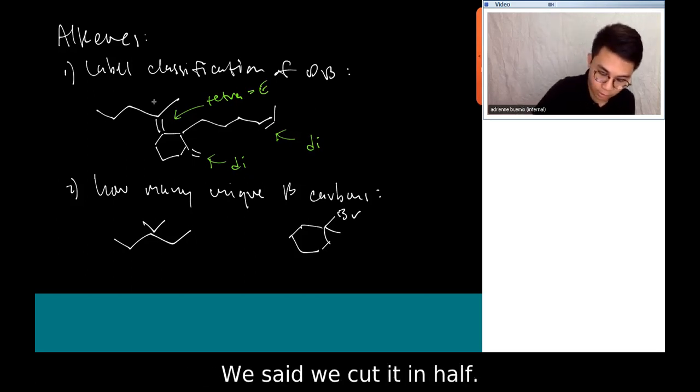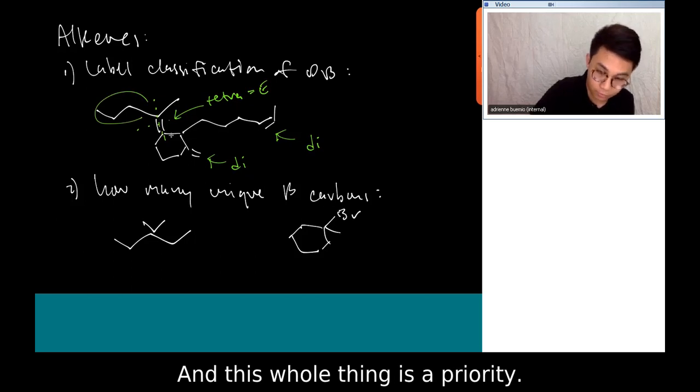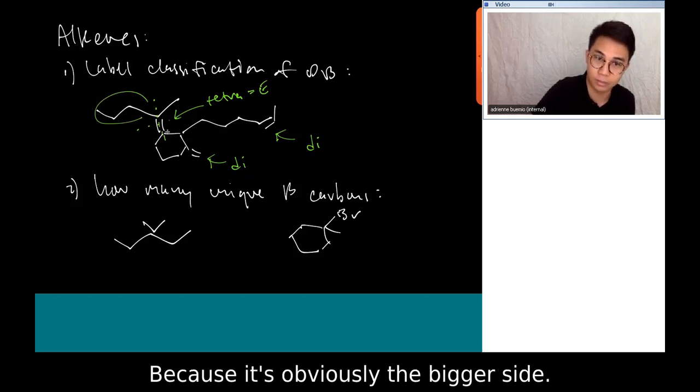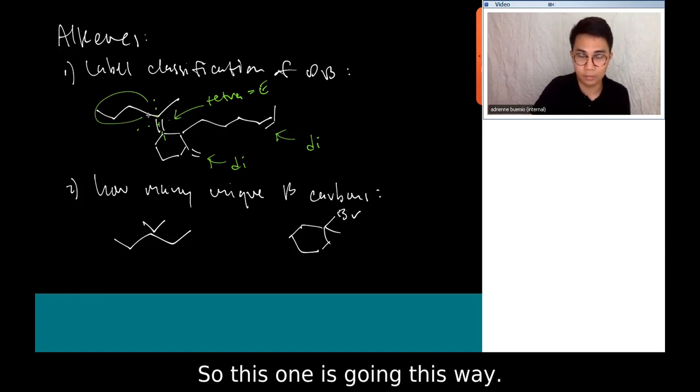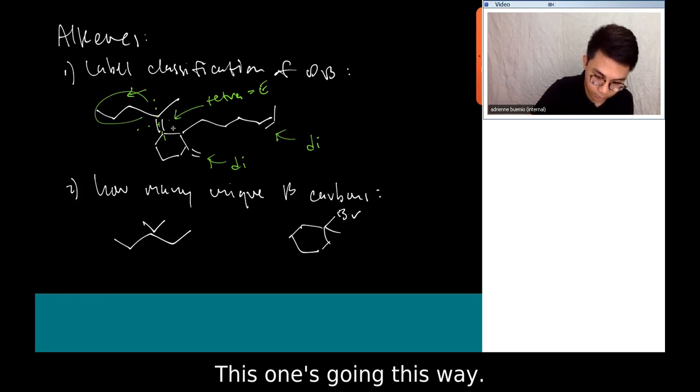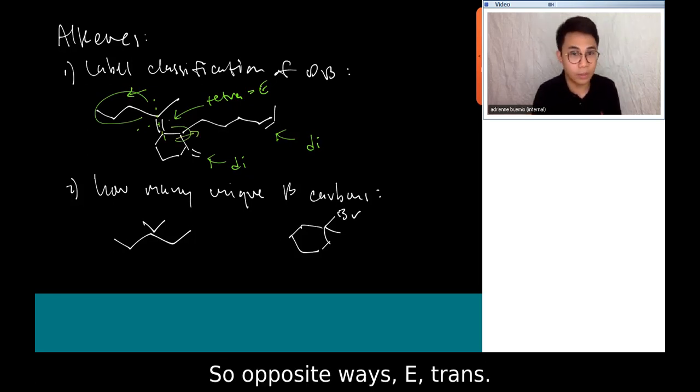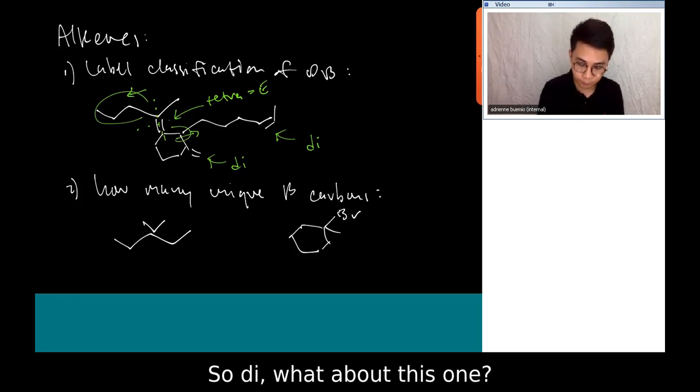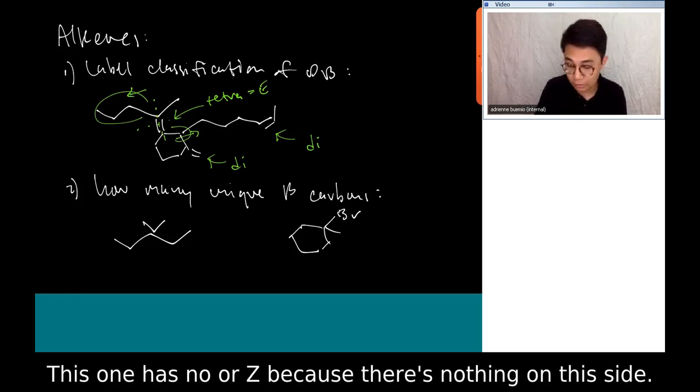We said we cut it in half, right? So this is the priority, and this whole thing is a priority, right? Because it's obviously the bigger side. So this one's going this way, this one's going this way, so opposite ways, E, trans, right? So di, what about this one? This one has no E or Z because there's nothing on this side, right?